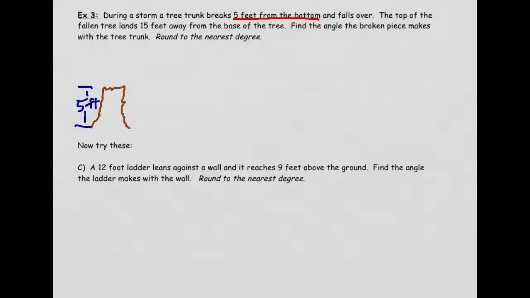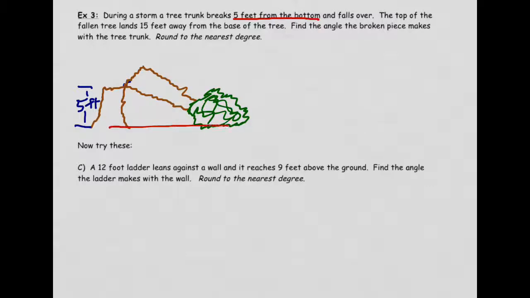Okay, so we've got to draw the fallen tree. And give it some foliage. Nice happy tree. Alright, and that is 15 feet away, the top of the tree there, from the base of the tree.